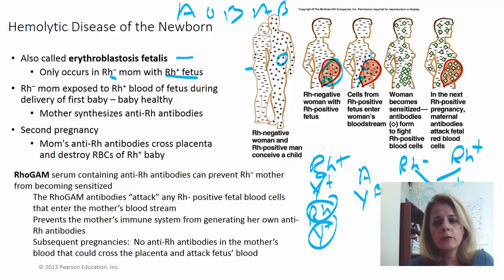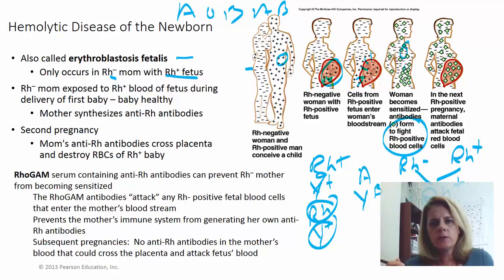And so now mom has been exposed to that Rh antigen, and she's going to start to react to it, and she's going to start to mount an antibody. She's going to start to form antibodies to that Rh. That's what these are, okay?